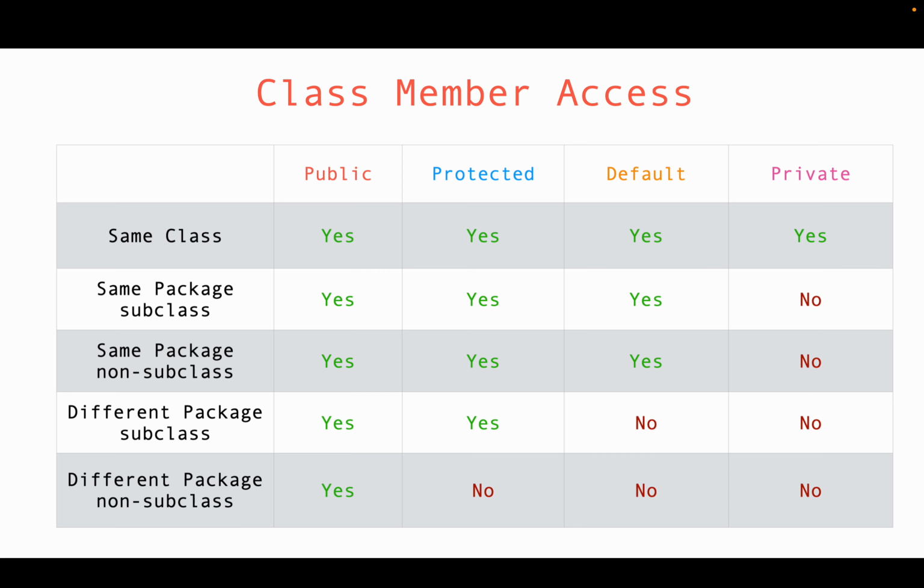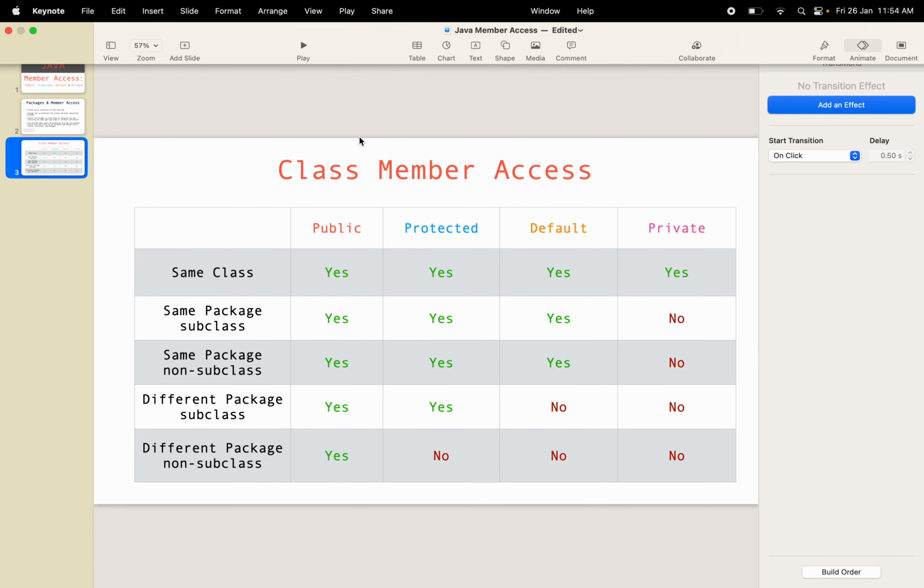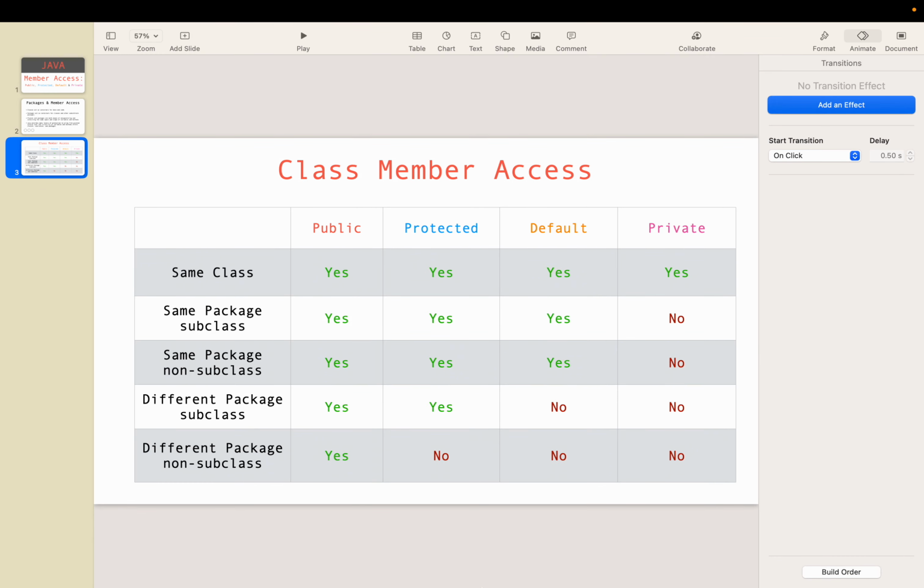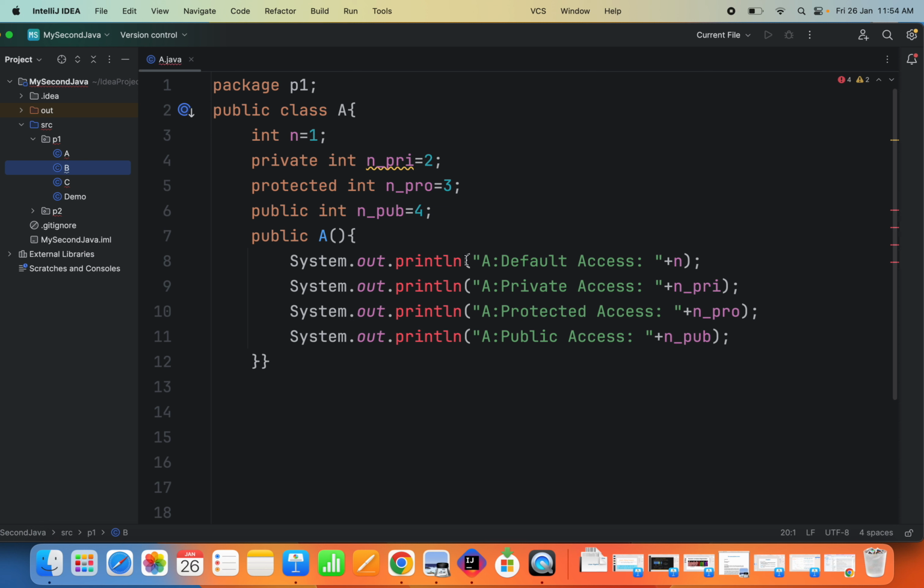Let's see examples for each case so that we better understand these concepts. So now I'll be going to the IntelliJ IDE and I'll explain each of those cases. First, I'll show you that we have two packages, P1 and P2.